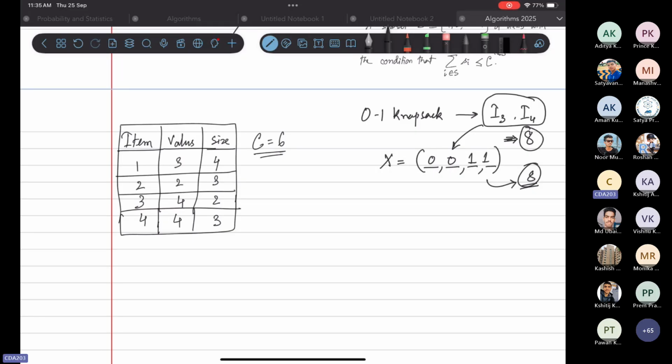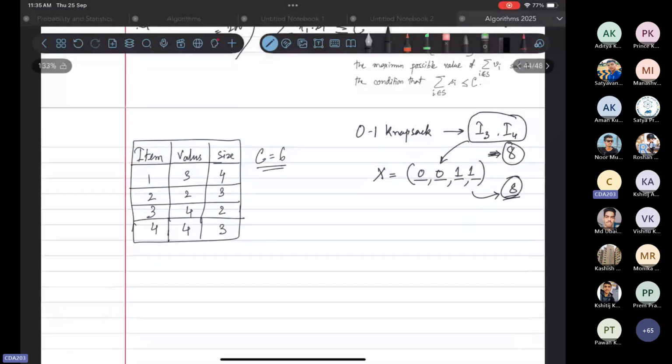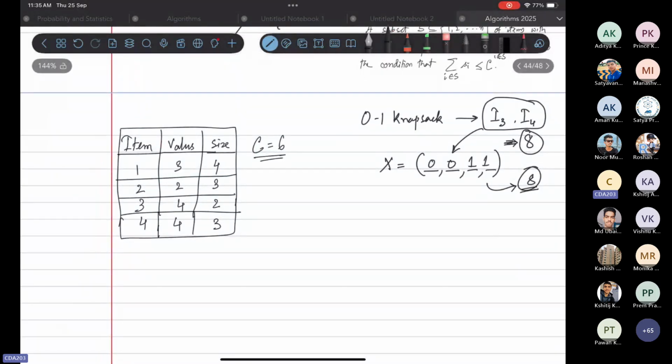What is the total capacity of the knapsack at this point? Capacity of the knapsack is 6 unit. But have we filled the whole 6 unit of it?